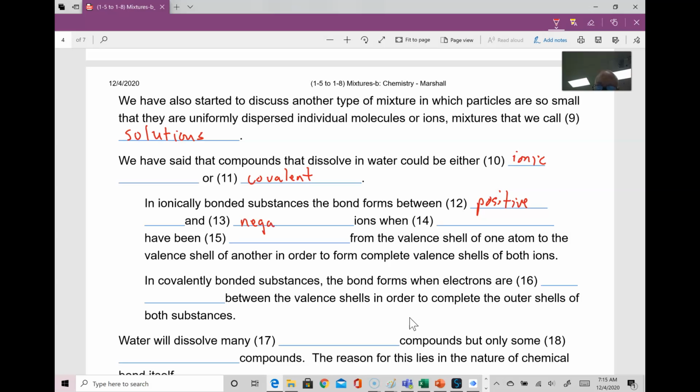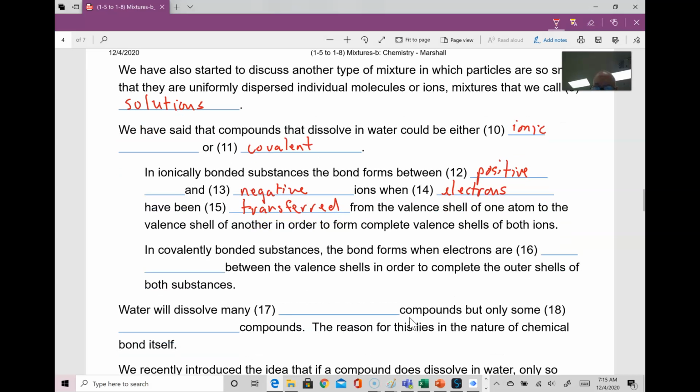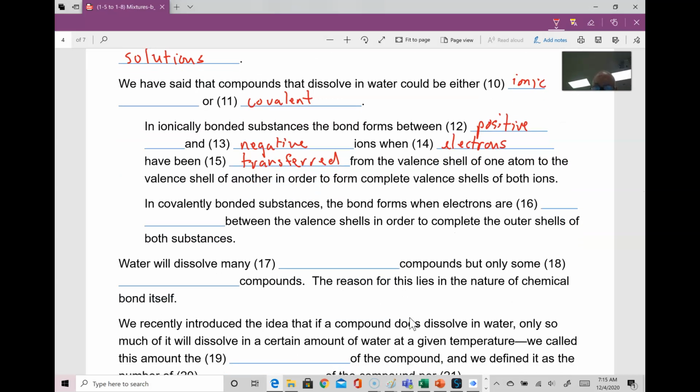And this is just a review, right? Remember, electrons are transferred from the valence shell of one atom to the valence shell of the other atom. This is what forms that bond, right? On the other hand, in covalently bonded substances, the bond forms when electrons are shared. Remember, the term covalent means sharing of valence electrons.